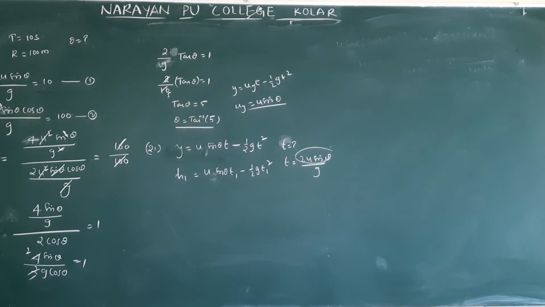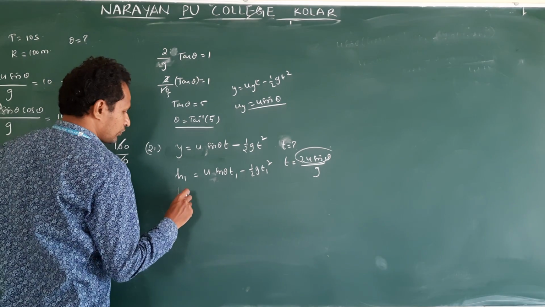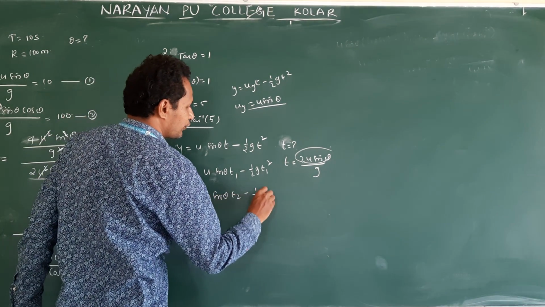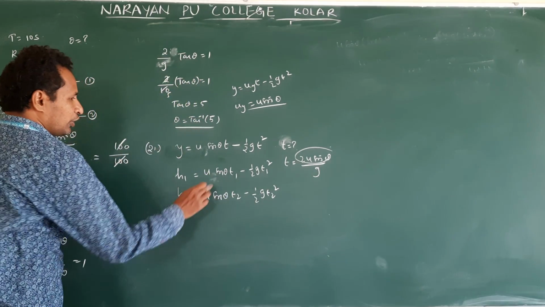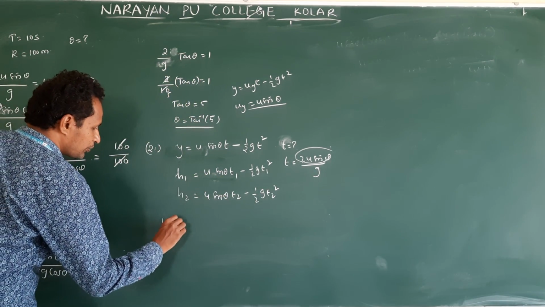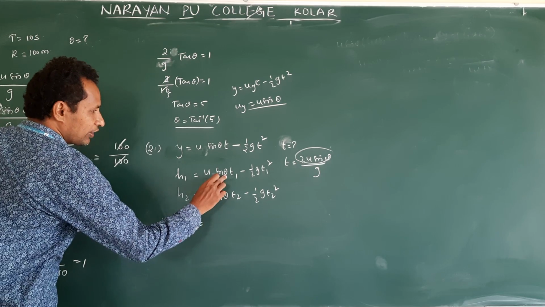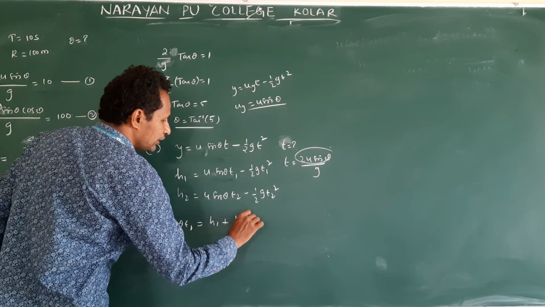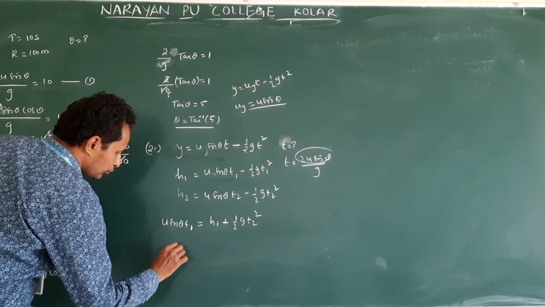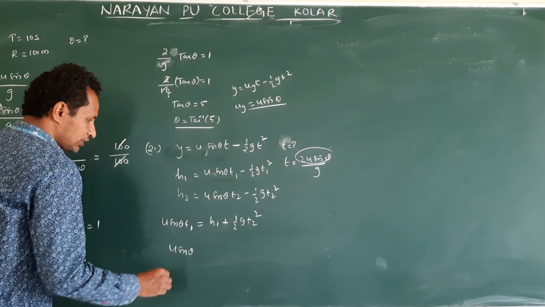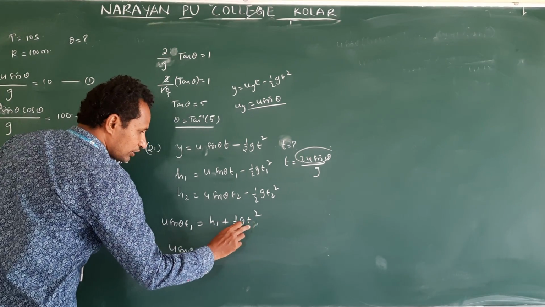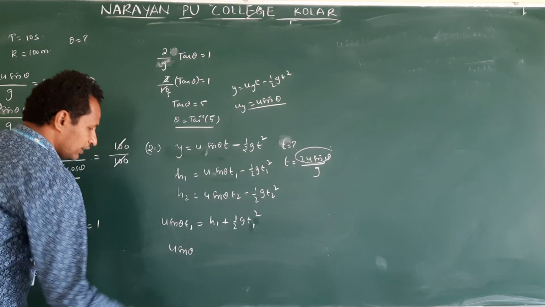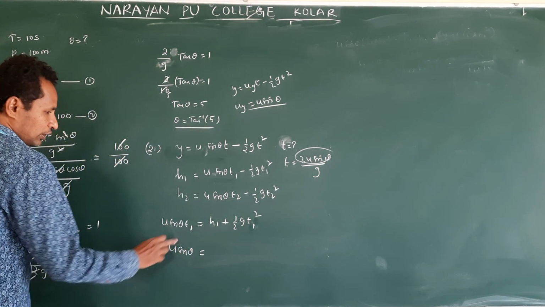The equation is that h2 is u sin theta t2 minus half g t2 square. From the first equation, I am making u sin theta the subject. So h1 plus half g t1 square, then u sin theta is equal to, t comes to this side.